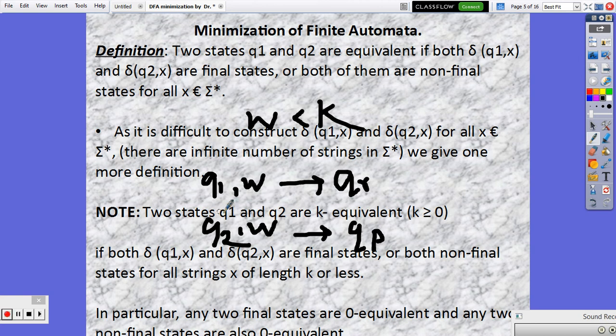So again I repeat that Q1 is the state, and if I read string w reach to Qr, similarly Q2 is one state, and if I read w and reach to Qp, if both are, let's say this is non-final, this is non-final, then these Q1 and Q2 are said to be k equivalent, or if both are final, then also they are said to be k equivalent. If any of the two is not equivalent, then they are also not equivalent.